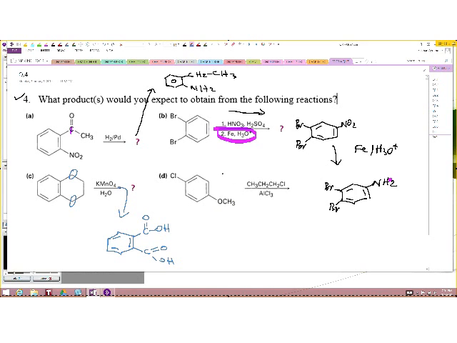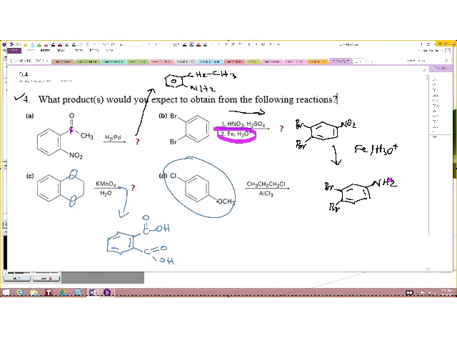Now let us do the last one. This one here. What kind of reaction is this? Friedel-Crafts alkylation, exactly. This is Friedel-Crafts alkylation. And now we have a methoxy group and a chlorine atom between those two, which is going to be the director here?